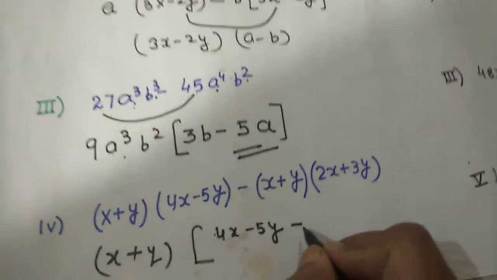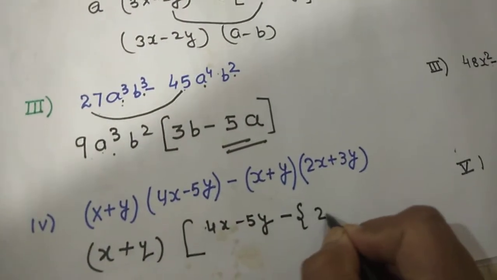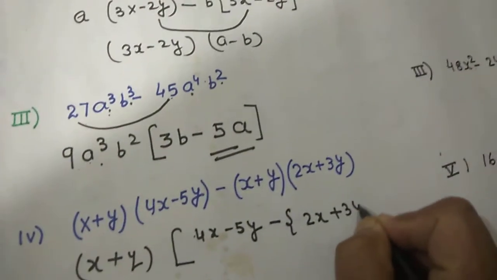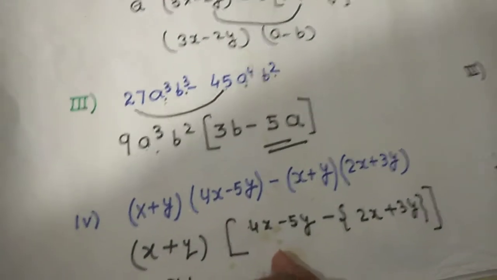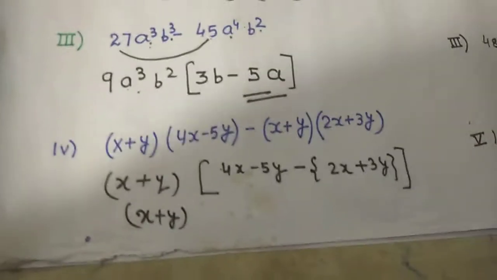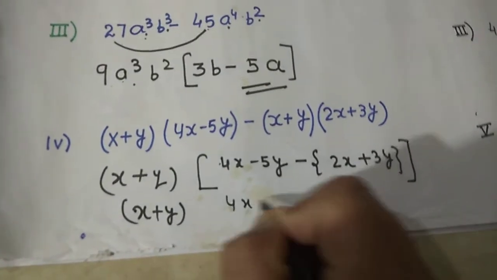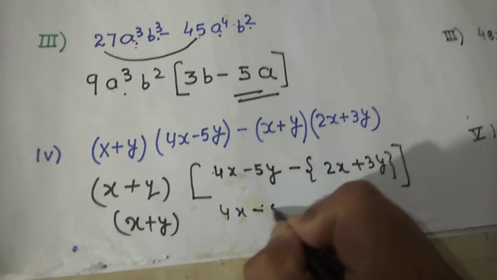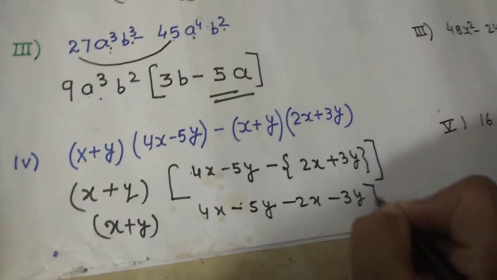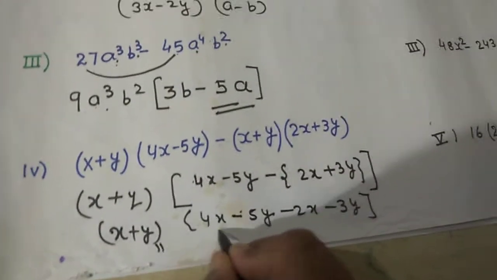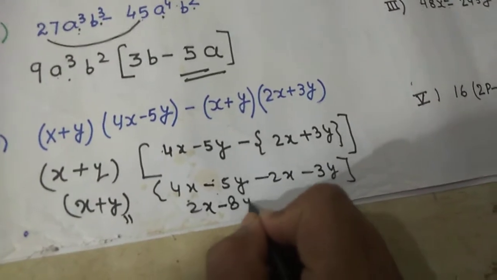Minus, my favorite point: whenever there is a minus, keep a bracket if there is more than one term, because the minus operates on both terms. So x plus y times 4x minus 5y minus 2x minus 3y in brackets. So 4x minus 2x is 2x, minus 5y minus 3y is minus 8y.